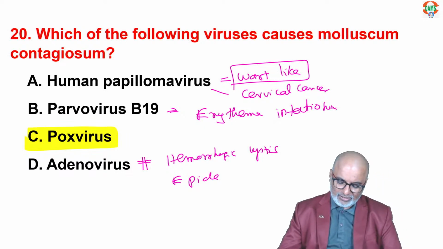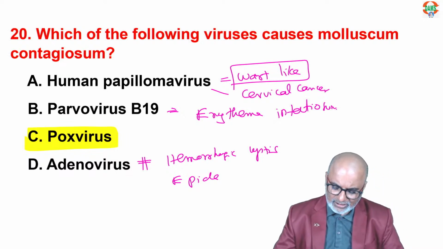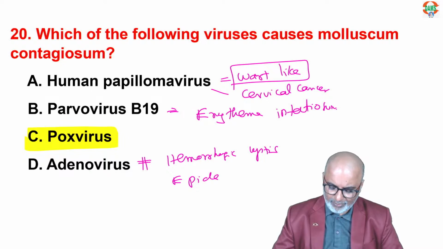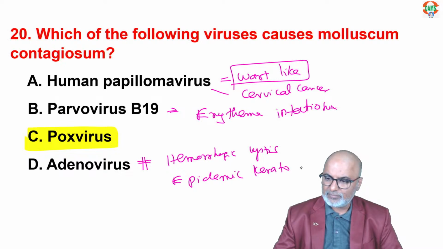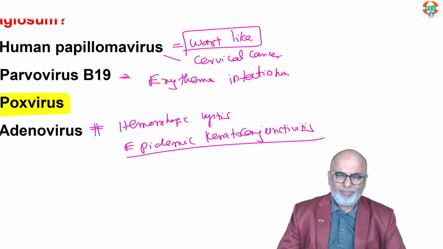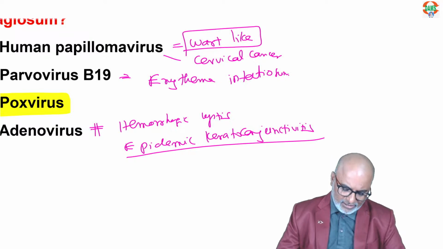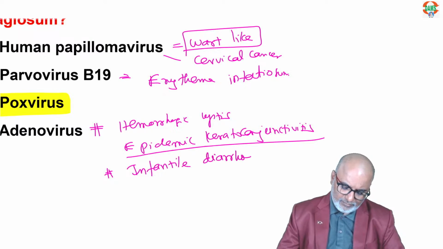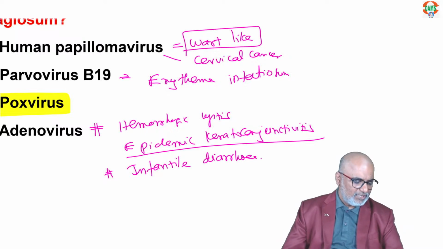Right. So, adenovirus causes epidemic keratoconjunctivitis. Pink eye, people call it. And it causes infantile diarrhea.